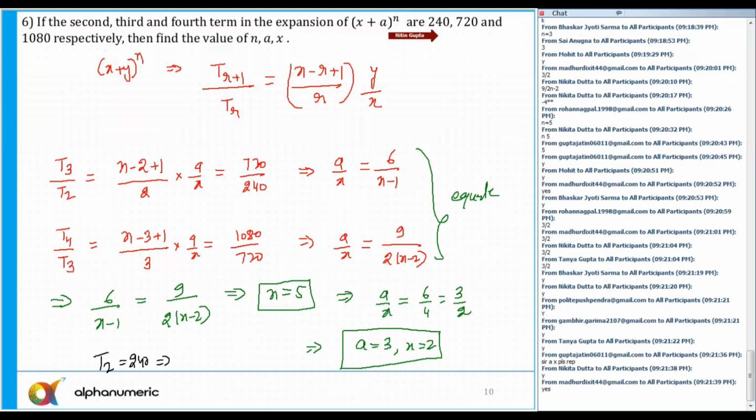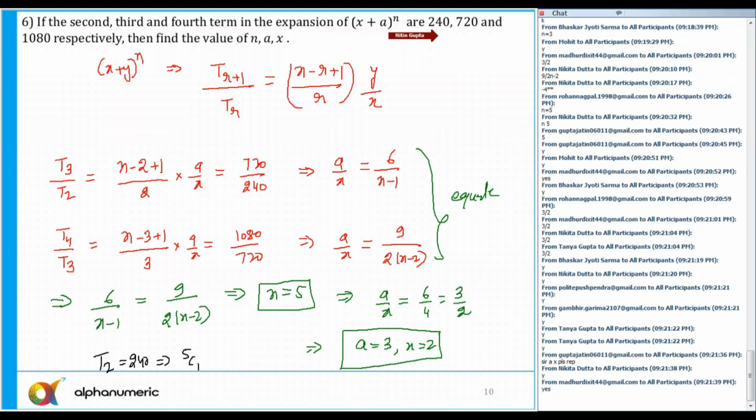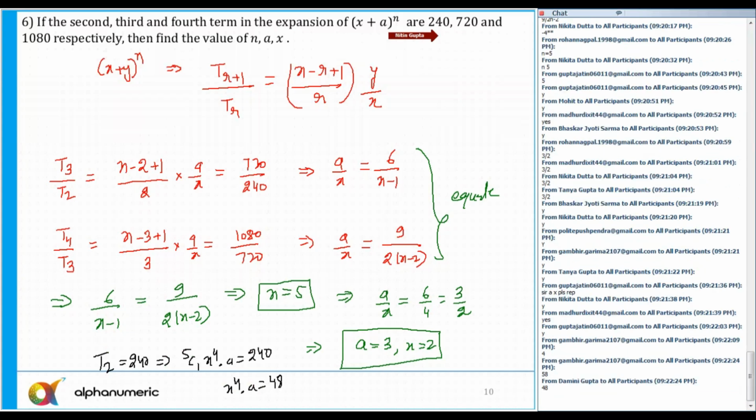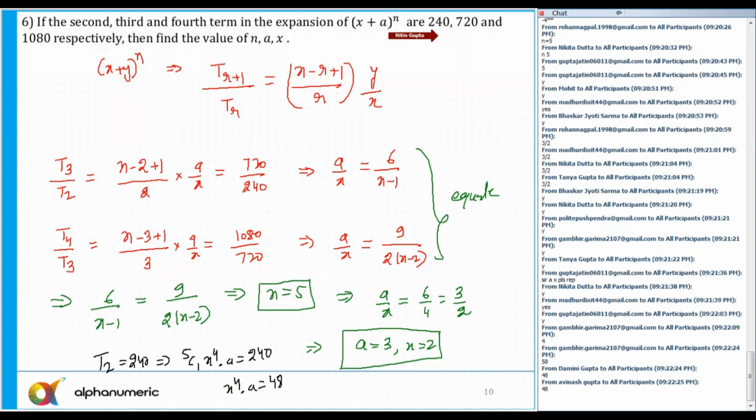And T2 is nothing but 5C1 into x raised to power 4 into a, and that is equal to 240. So x raised to power 4 into a is equal to 240 by 5. 5 4s are 20 and 48. So x raised to power 4 into a is 48.